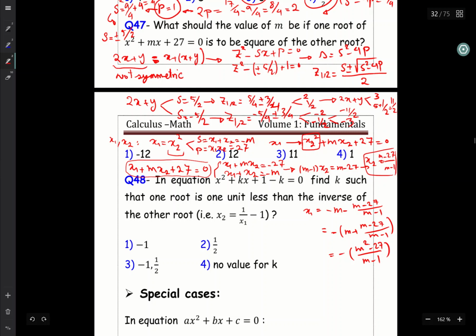But again, I think the easier thing to do here is to substitute the choices.